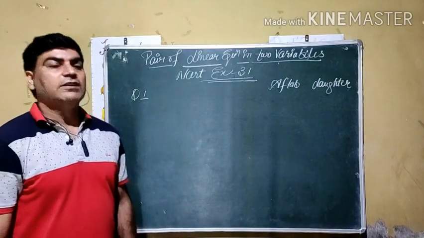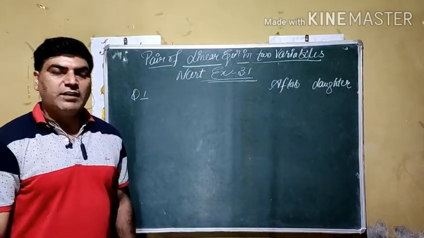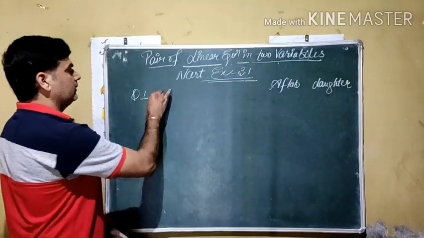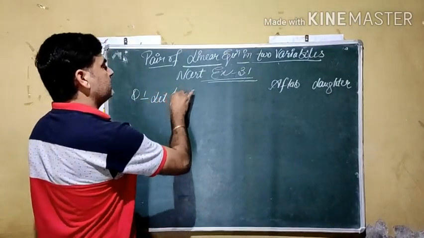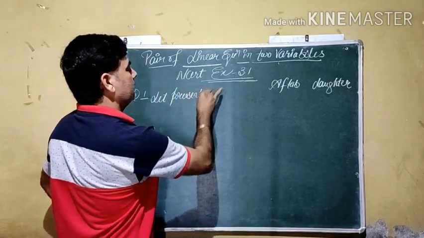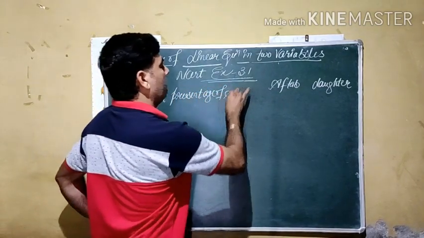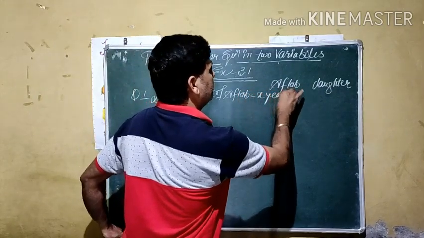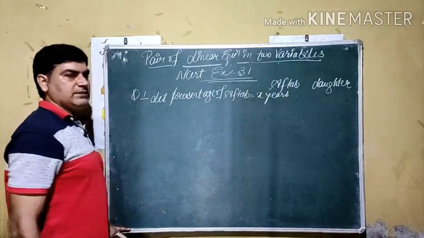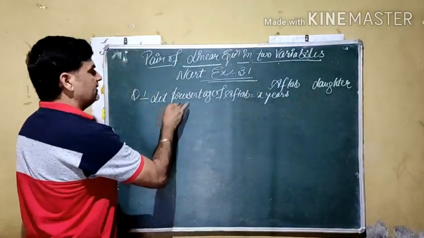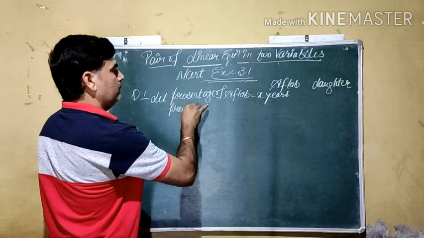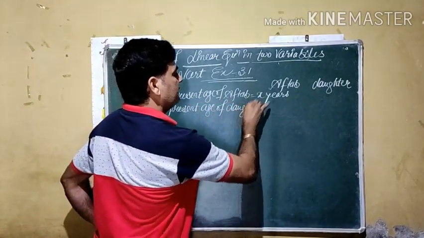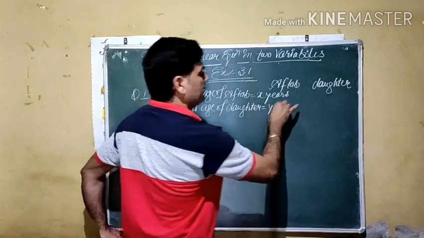When the case of age comes, we assume the present ages. So first, let the present age of Aftab be x years, because we require two variables. Next, the present age of the daughter is y years.